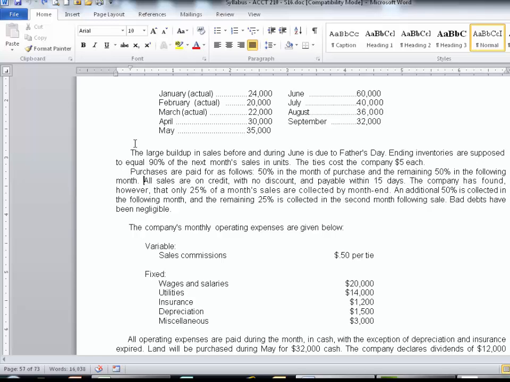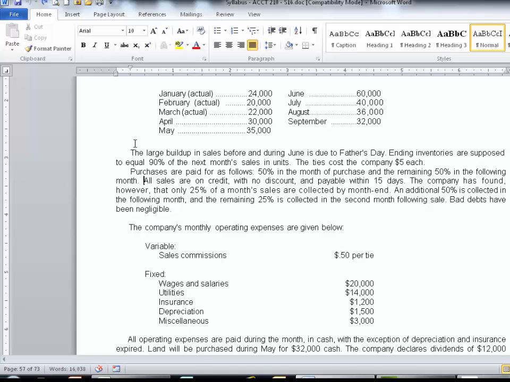The second sentence in this paragraph tells me what I need to know. All sales are on credit with no discount and payable within 15 days. The company has found, however, that only 25% of a month's sales are collected by month end. An additional 50% is collected in the following month, and the remaining 25% is collected in the second month following sale.